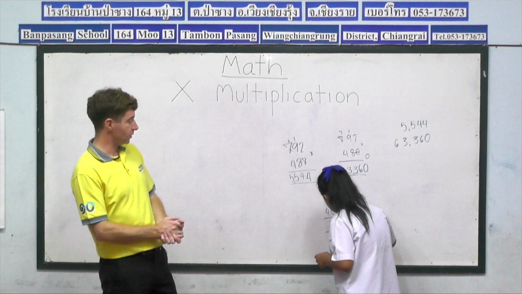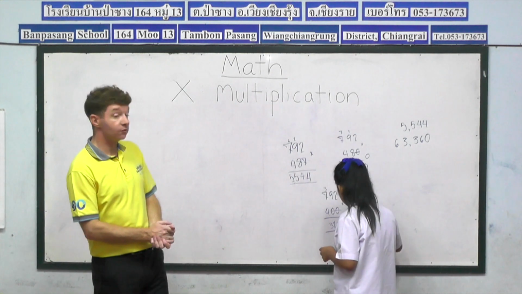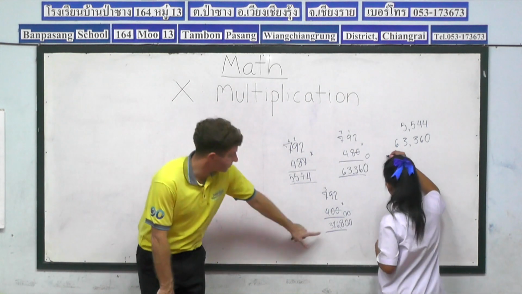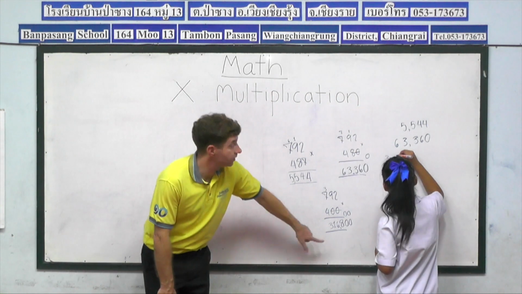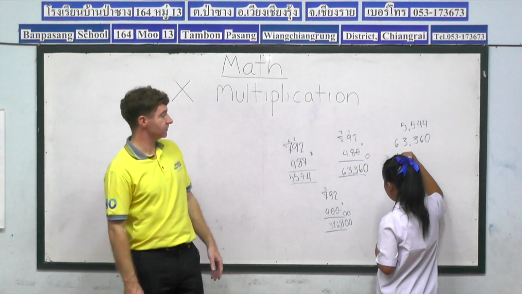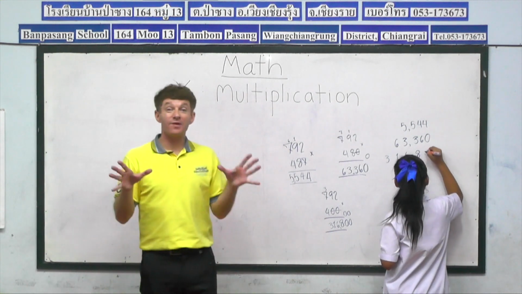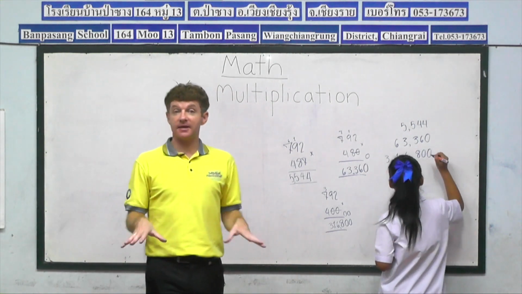That's perfect. Well done. And then our two zeros come back at the end. And now we have 316,800. So we're finished with our multiplication calculations.